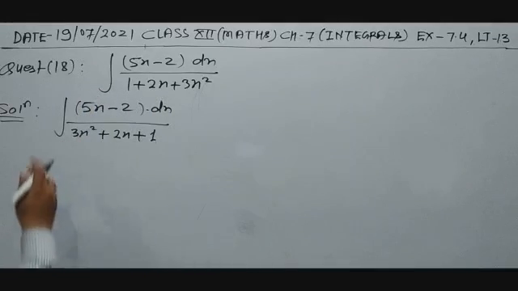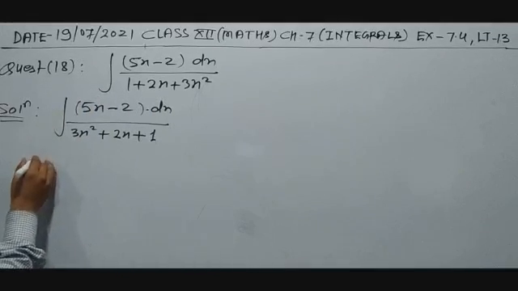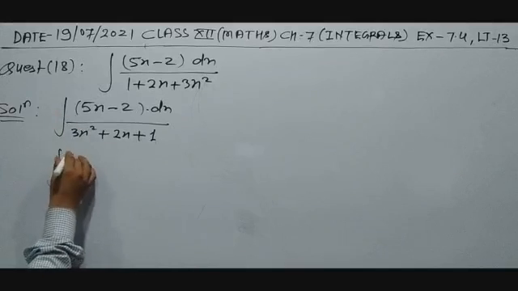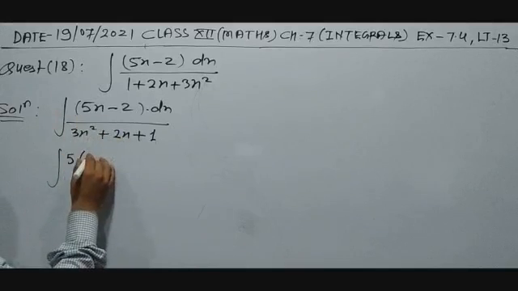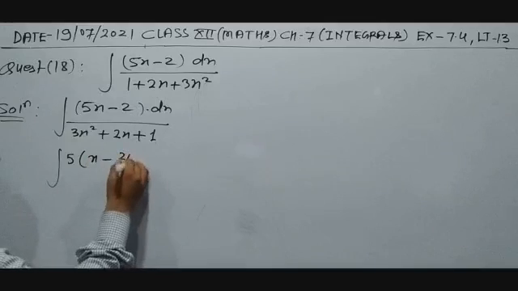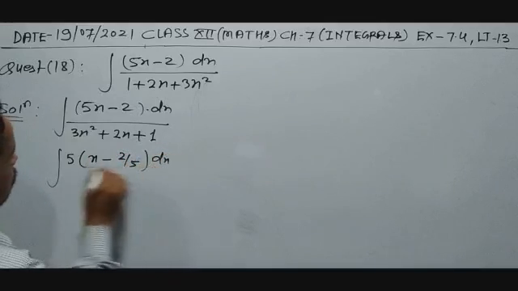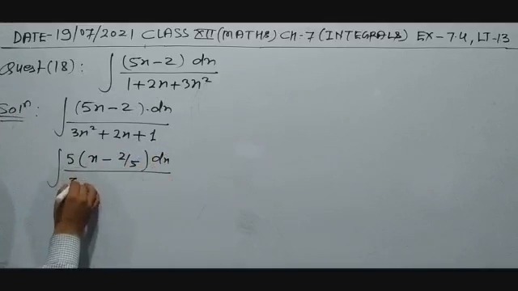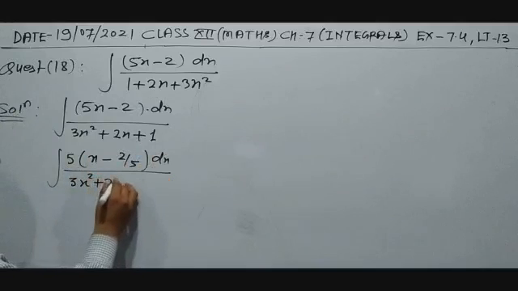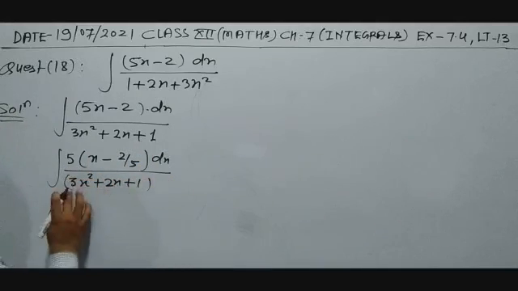So first of all you will take 5 common from the numerator. Then the result will be x minus 2 by 5 dx whole upon 3x square plus 2x plus 1.